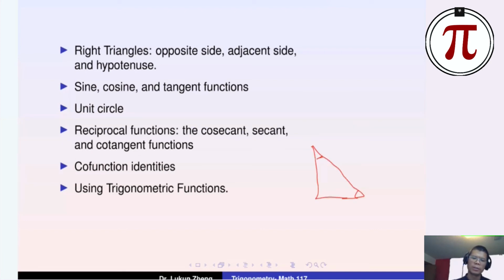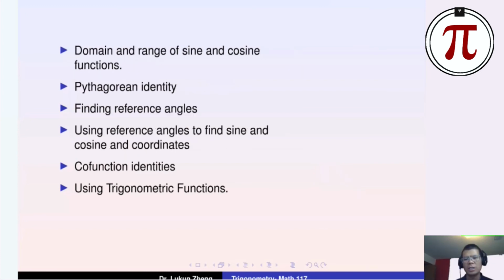Okay, and then using the trigonometric functions to find the height of a building, right? And the height of a tree, and so on. So we got that. That's section 1.2. Section 1.3: domain and range of sine and cosine, right?